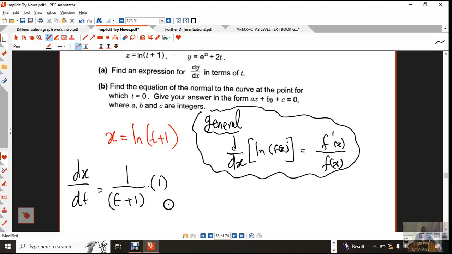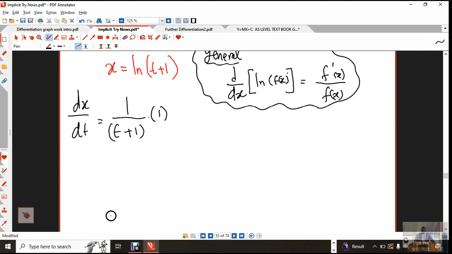Okay, so this will clean up nicely to 1 over t plus 1. This is dx/dt, but we are looking for dt/dx.